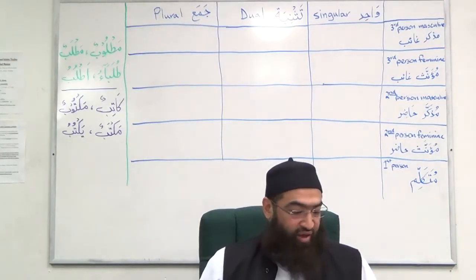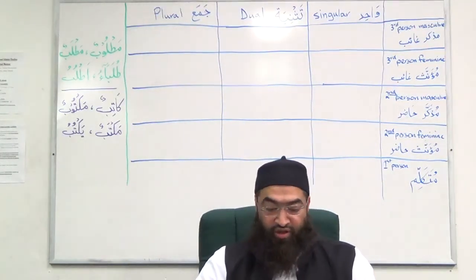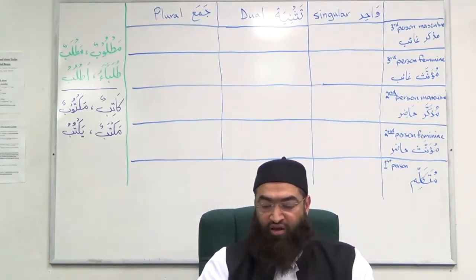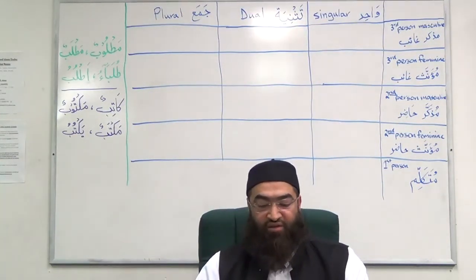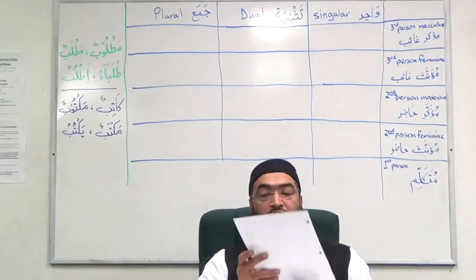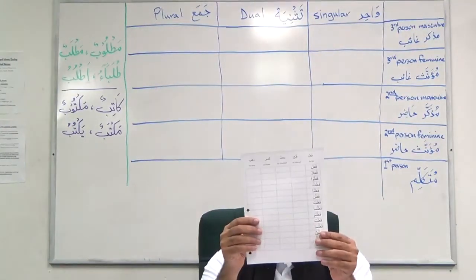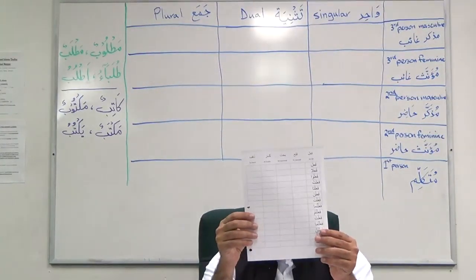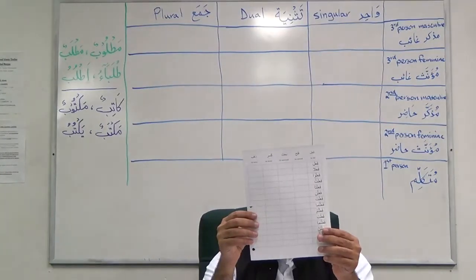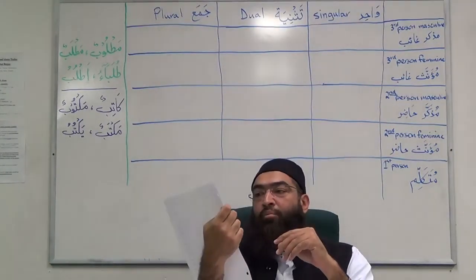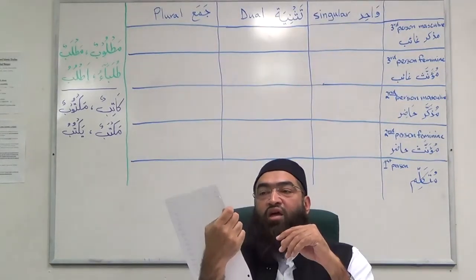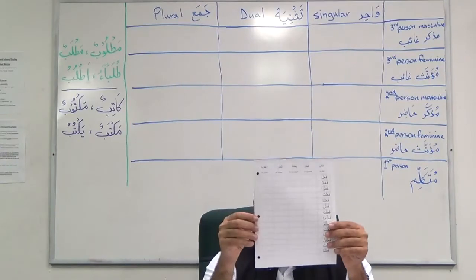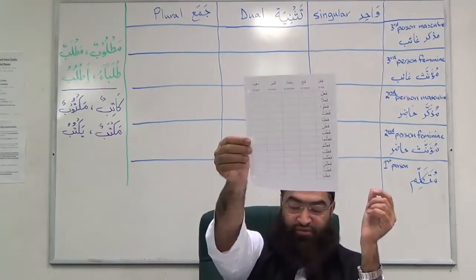Now let's come back to the second handout that I gave you. And it has 5 words on the top. Fa'ala, and then the second column, fataha, and then the third column, bahatha, fourth column, kasara, and fifth column, dhahaba. So it looks something like this.